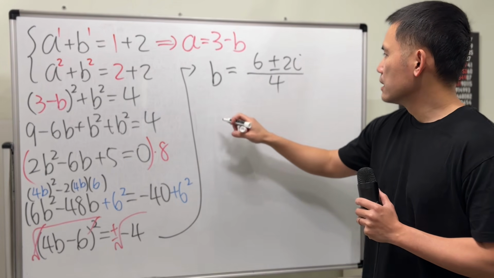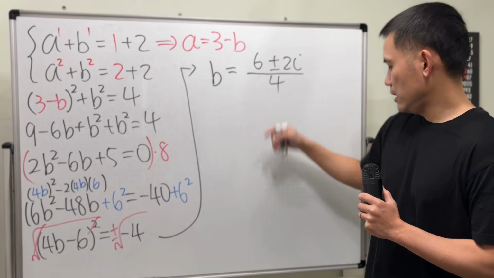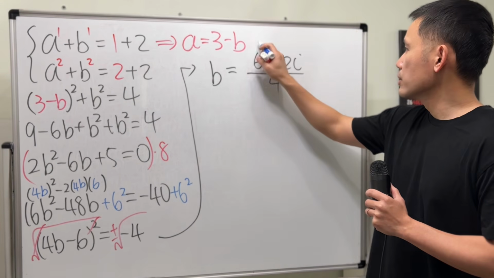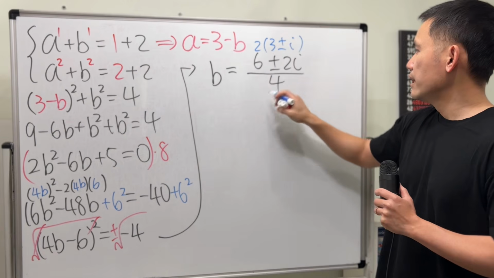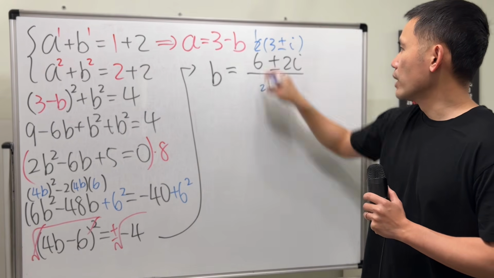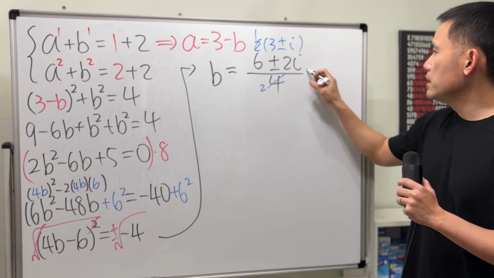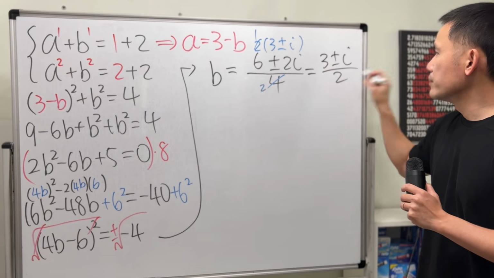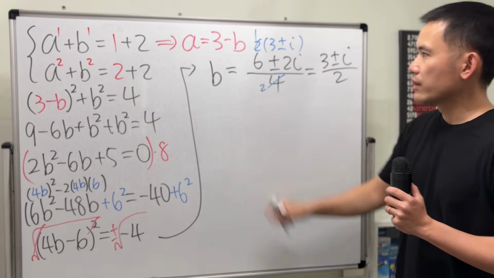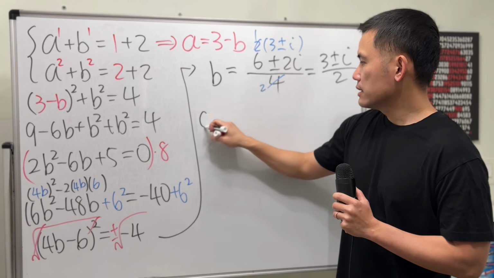You can see that we can factor out a 2 on the top. So that's 2, and then 3 plus or minus i, and then we can reduce this. This is 2, this is 1. So in fact, b is going to be (3 plus or minus i) all over 2. Now to figure out the a, we have two choices.